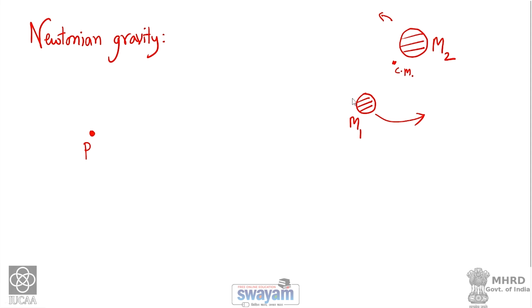When m2 comes closer to this point P, the gravitational field will be more strongly attractive than when m2 is further away.